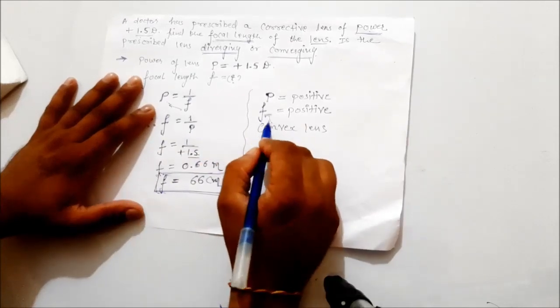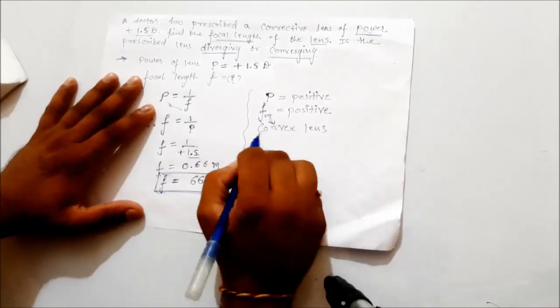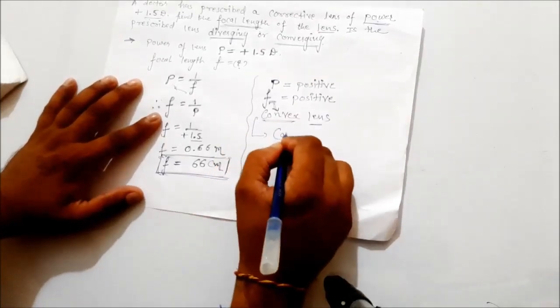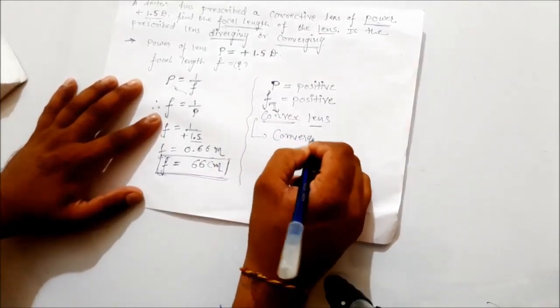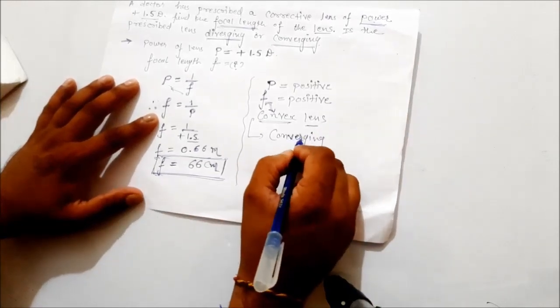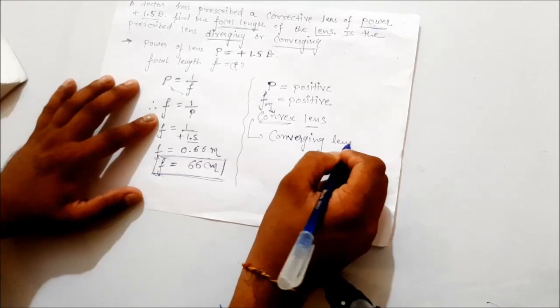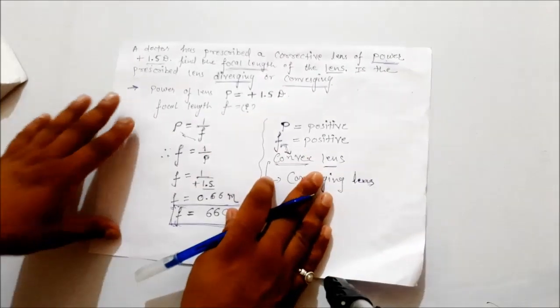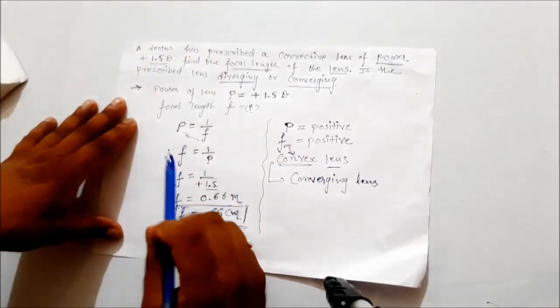Focal length is positive for a convex lens, and a convex lens is also called a converging lens, right? So a convex lens is called a converging lens. So simple, this way.